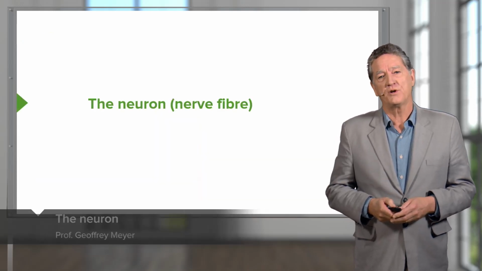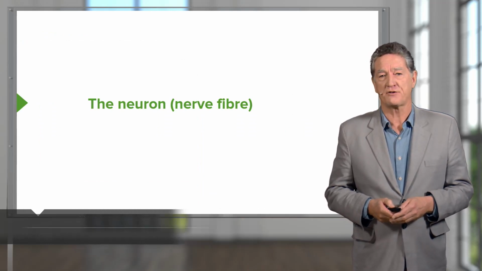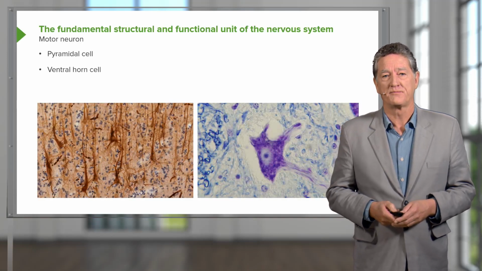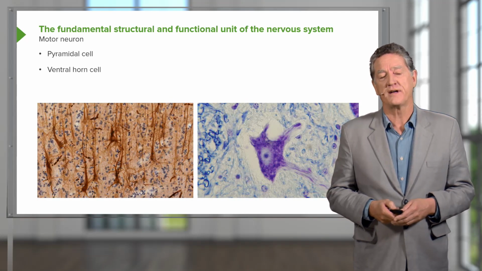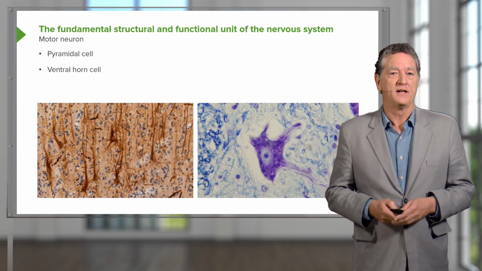When we look at a nerve fibre in more detail, we can see that there are other structures that we need to describe and recognise. Here is a section of, again, some neurons found in the brain region. In the left-hand image, you can see long, elongated structures.